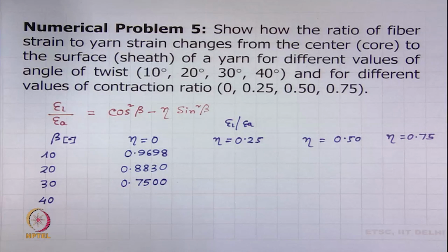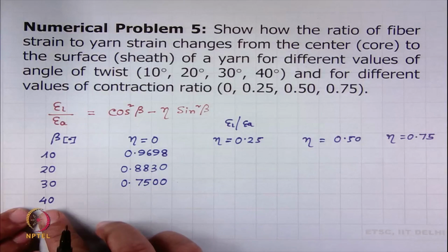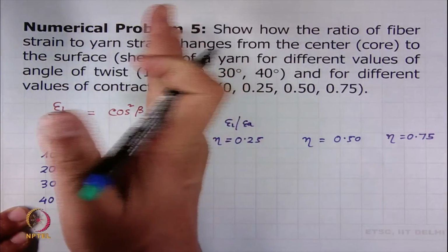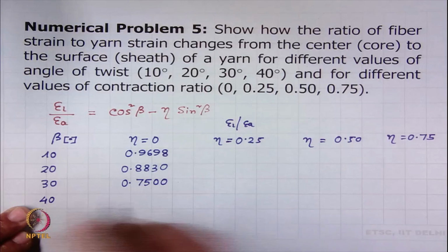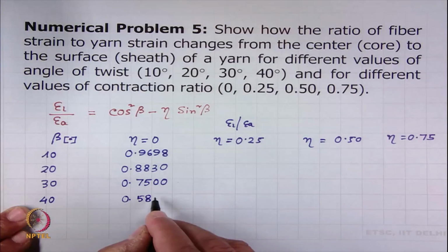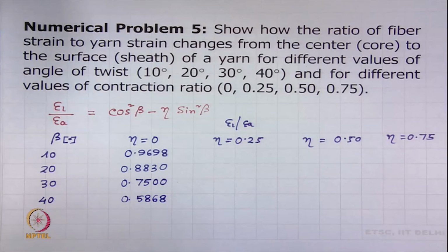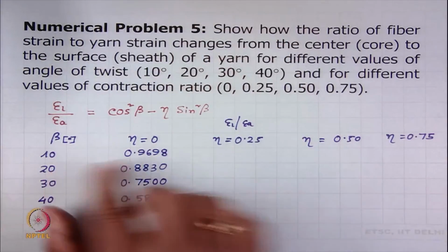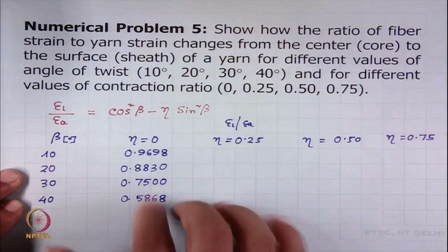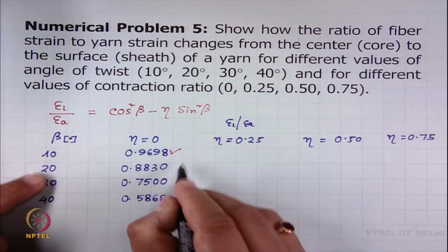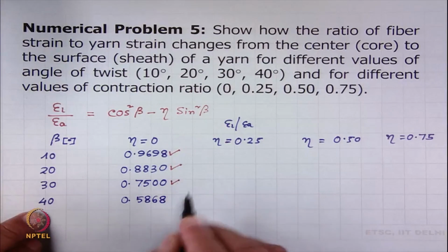Then 40 degree beta, eta is 0, so this component vanishes. Cos square 40 degree, what will be the value? 0.5868. Okay. So, when eta is equal to 0, this component vanishes. So, this column is obtained: cos square 10 degree is this value, cos square 20 degree this value, cos square 30 degree is this value, cos square 40 degree is this value.